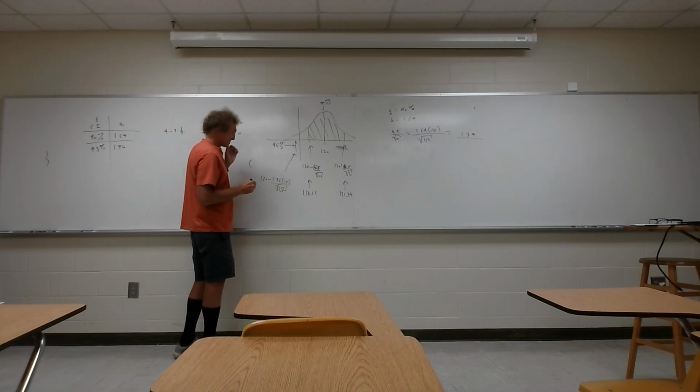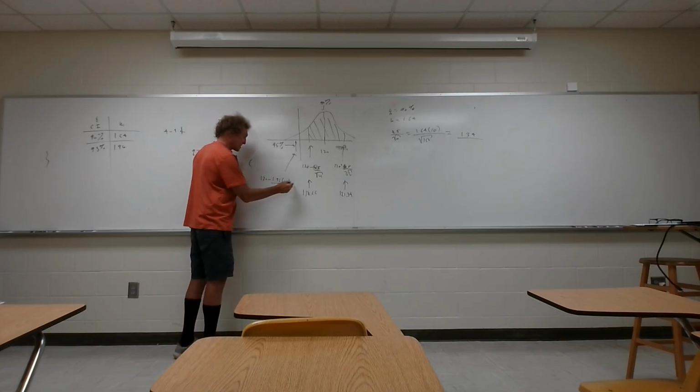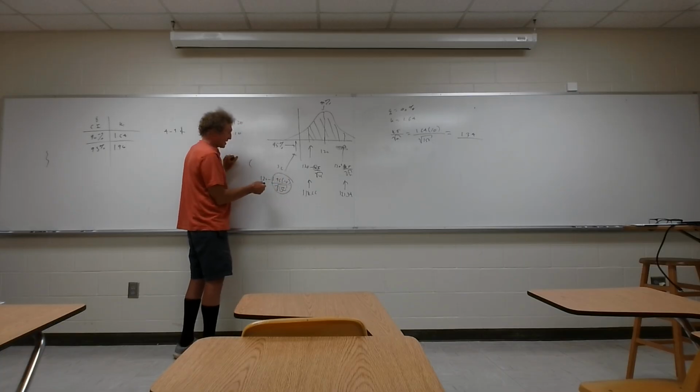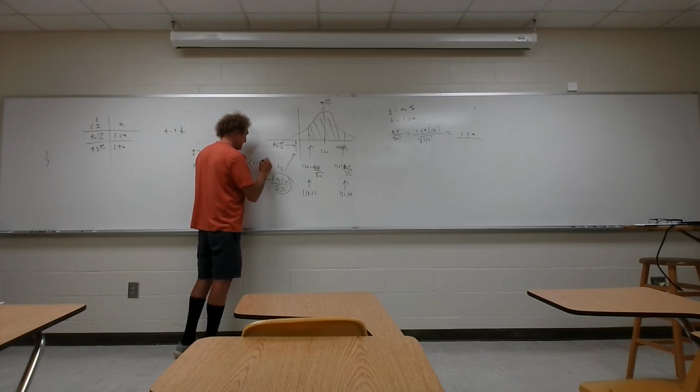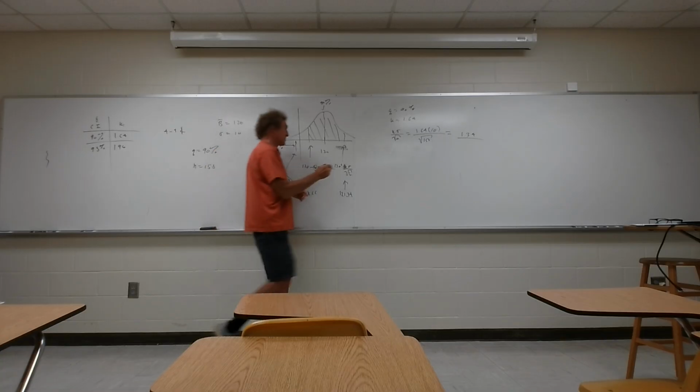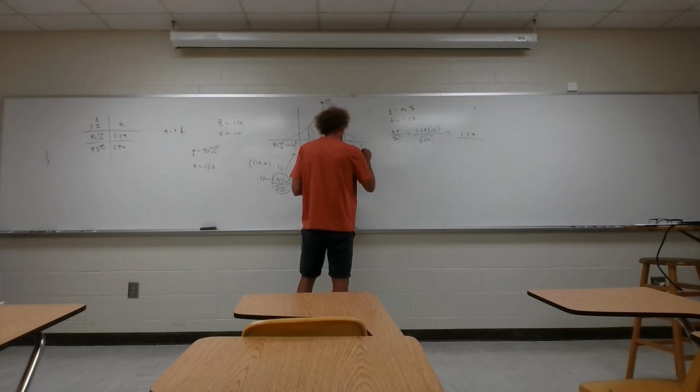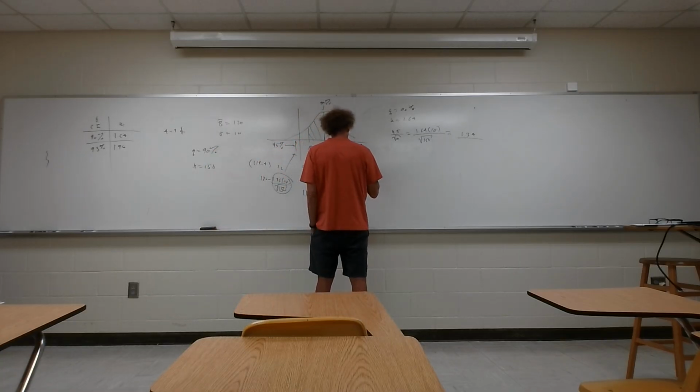What is it? 1.6. All right, so this is 1.6, right? And if you take 120 minus 1.6, that's 118.4. I've got a point to make here, and the upper limit would be 121.6.